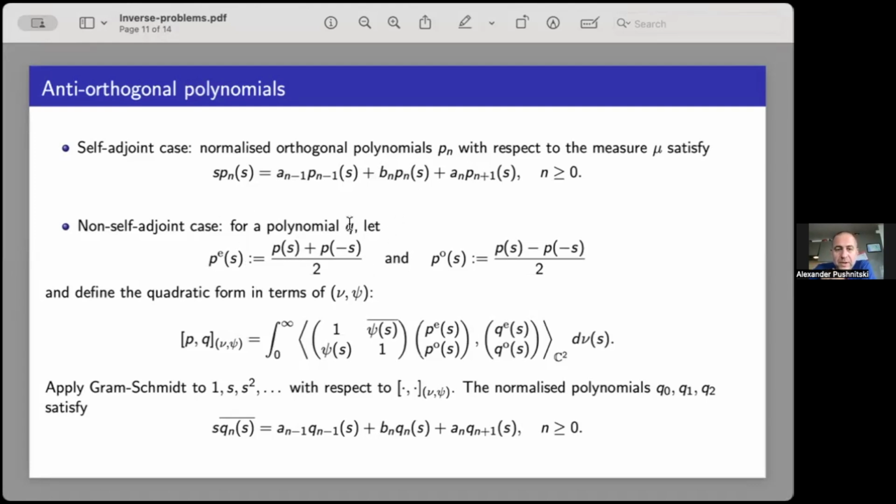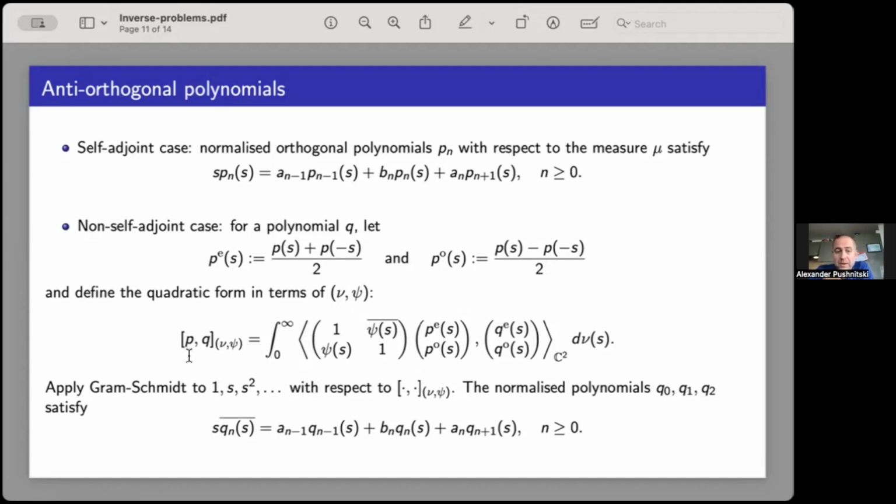First of all, I need some notation. If you have some polynomial, sorry, this is a typo, this should be P. Let's say if you have a polynomial P, we denote the even part like this by P even, and the odd part by P odd. So that's clear. Now suppose we are given these spectral data, a measure nu and a function psi. Then we define such a funny functional.